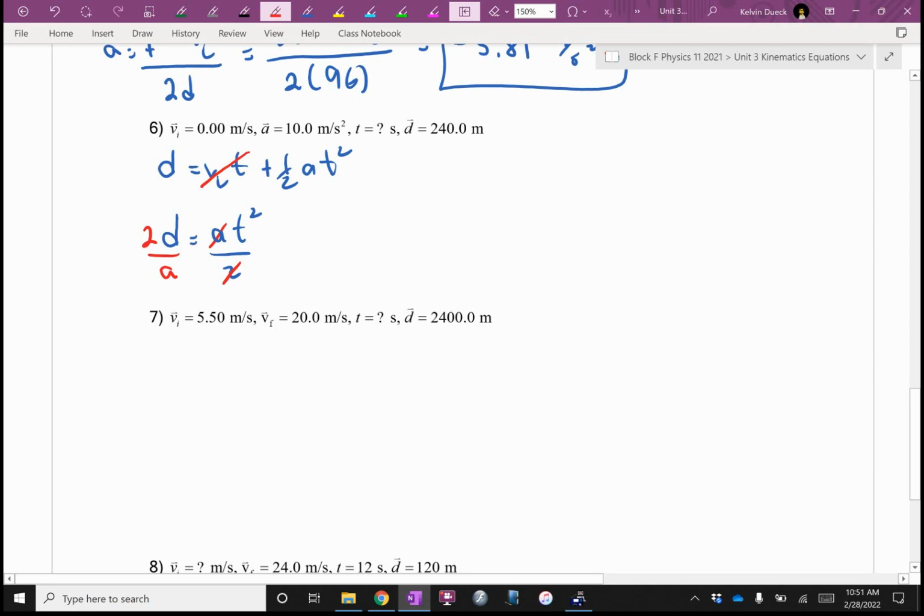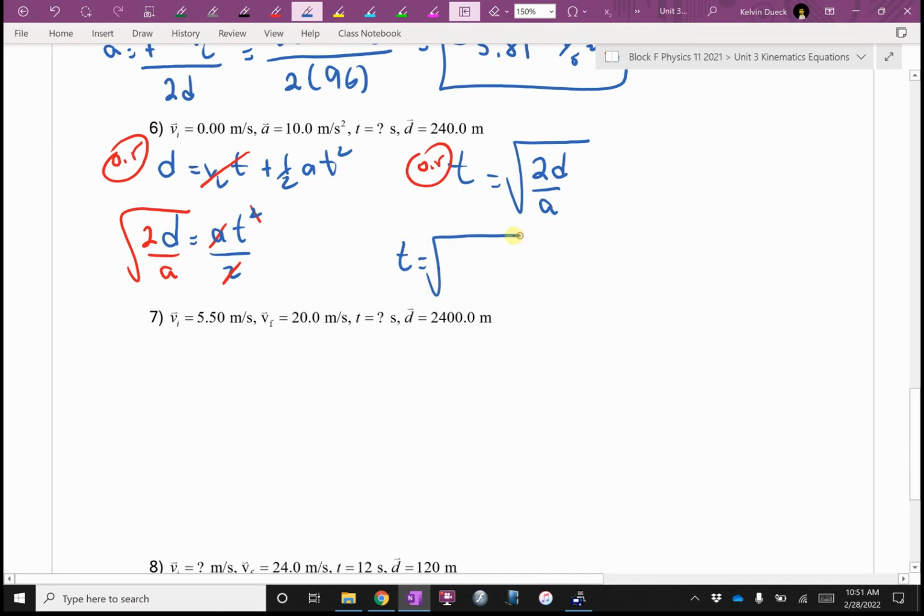T what? T squared. How do I get rid of a squared, my friend? I think so. So I end up with this. T equals the square root of 2D over A. So I would give you half mark for that, half mark if I saw that. Oh, plug in the numbers, Mr. Duick.